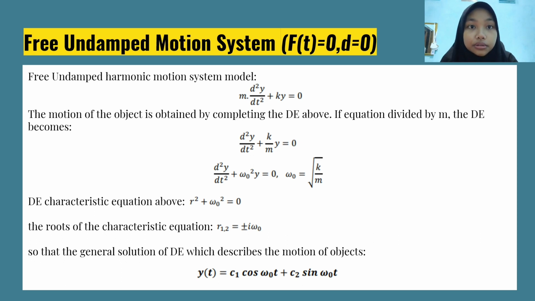From these roots, which are complex, we get the general solution of the differential equation above: y(t) equals c1 times cos omega 0 t plus c2 times sin omega 0 t.